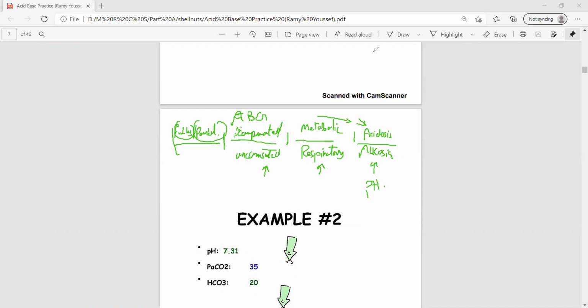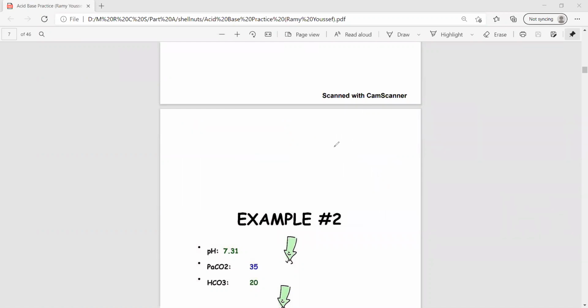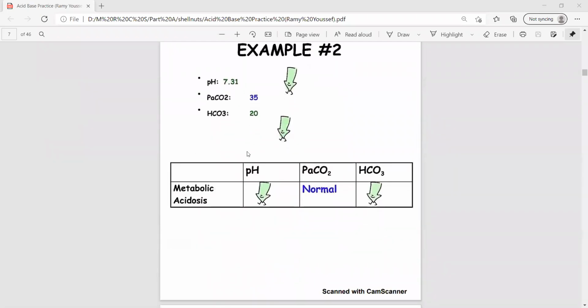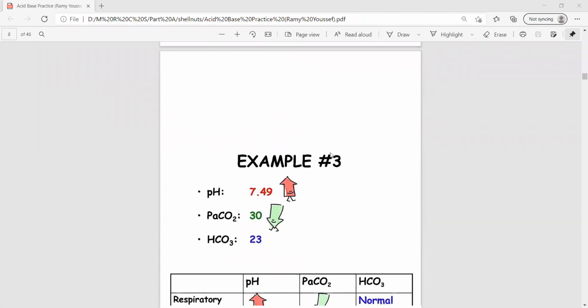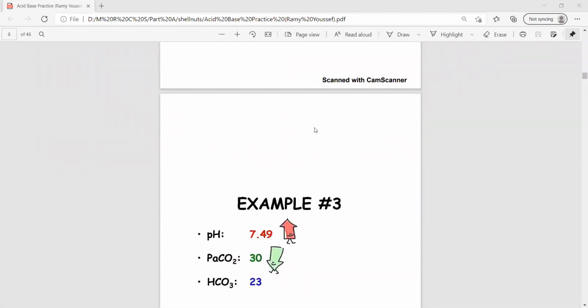So here, as we said, this is a metabolic acidosis. Example 3. Someone else can go with me. Okay, no problem.